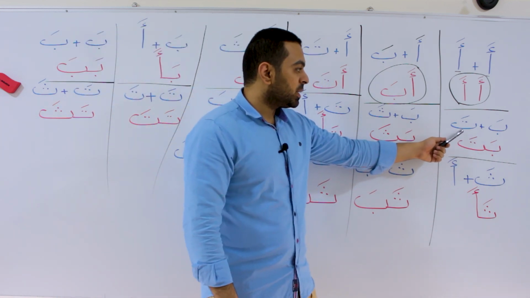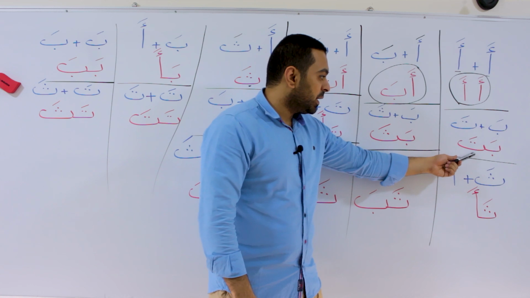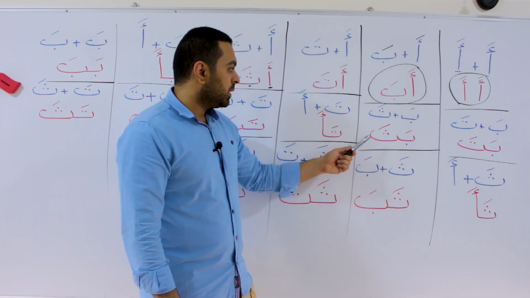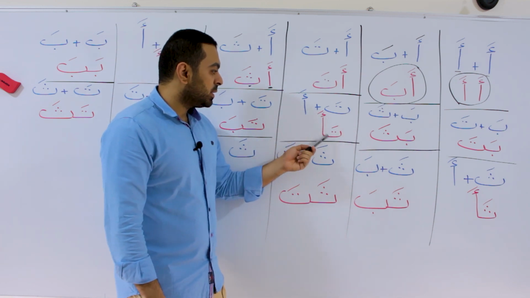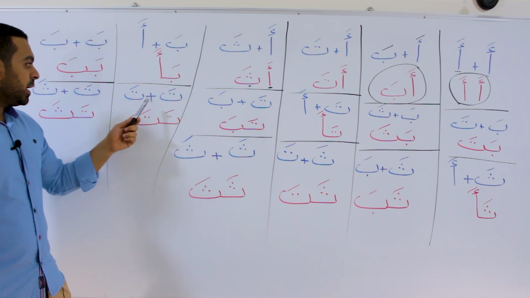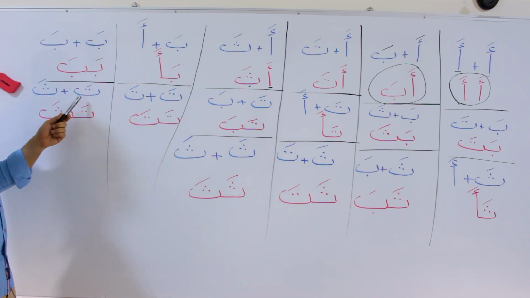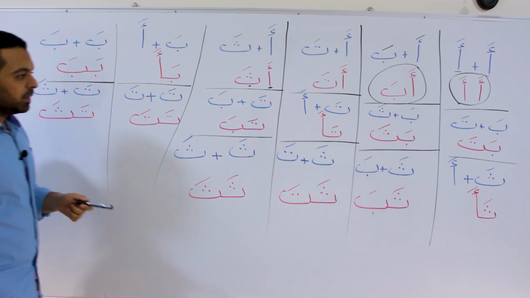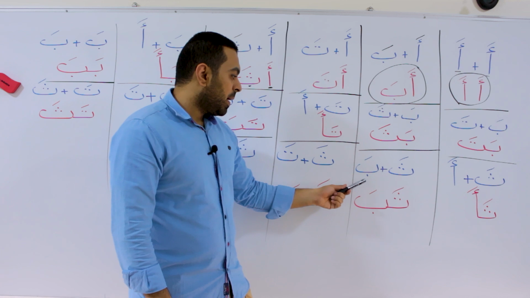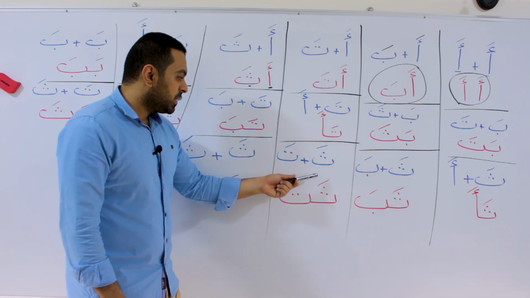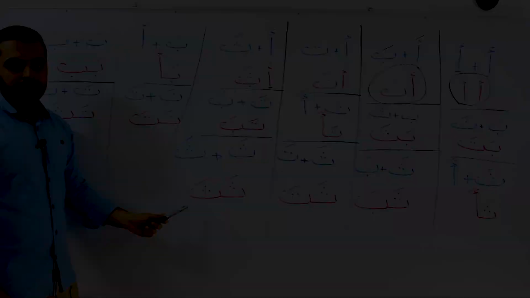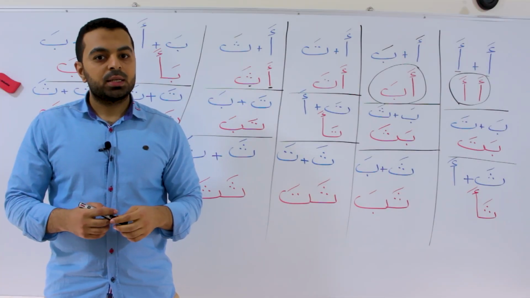Ba plus ta gives us bata, ba and sa, basa, ta and a, ta'a, ta and ba, taba, ta and ta, tata, ta and sa, tasa, sa and a, sa'a, sa and ba, saba, sa and ta, sata, sa and sa, sasa. Now, let's move to the next exercise.